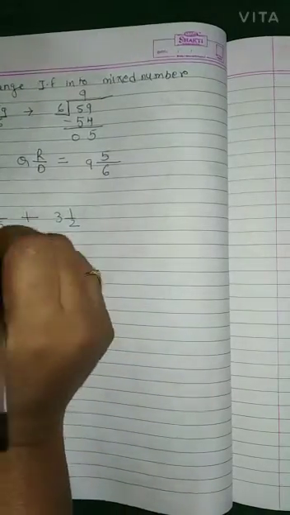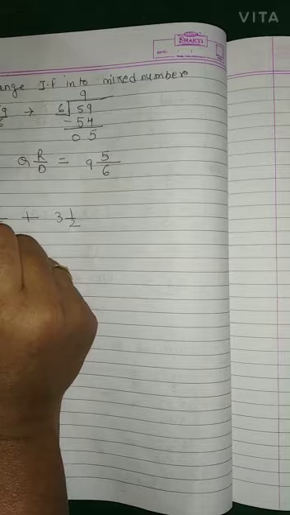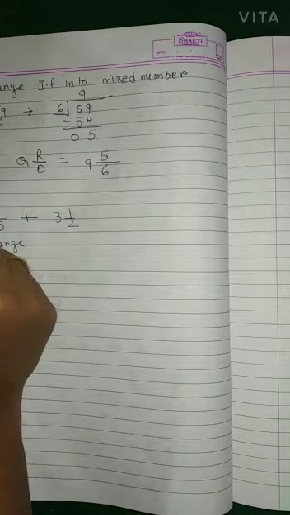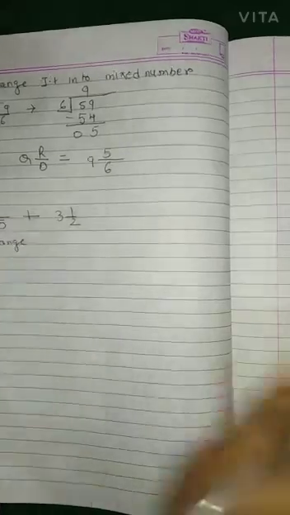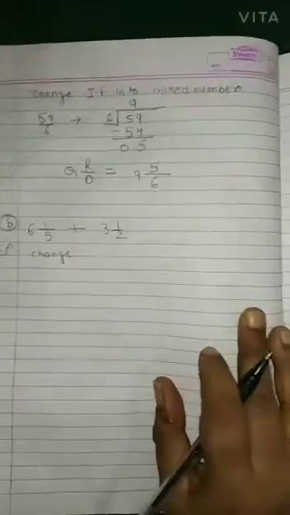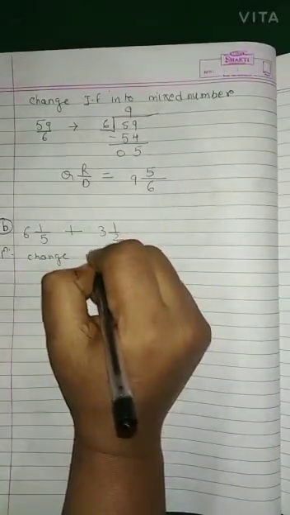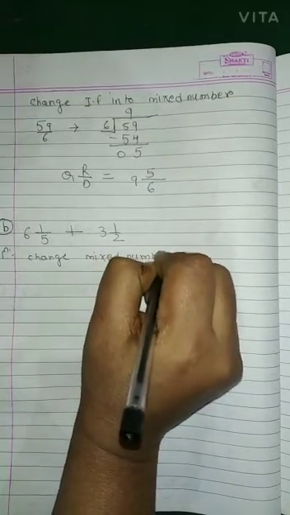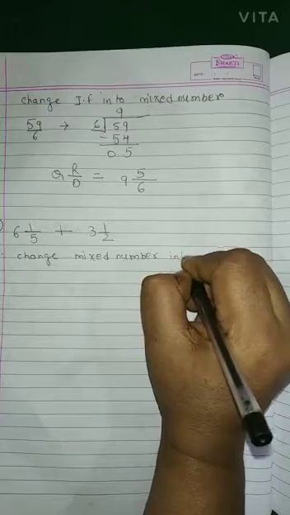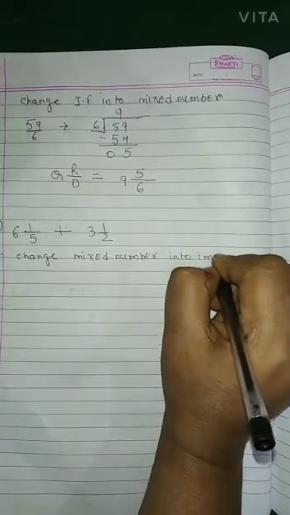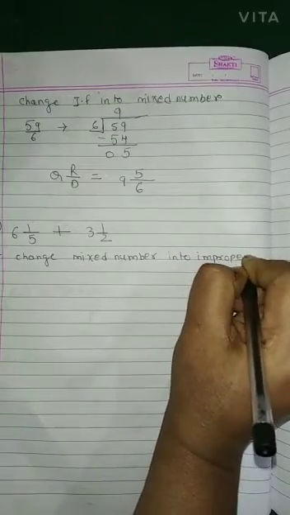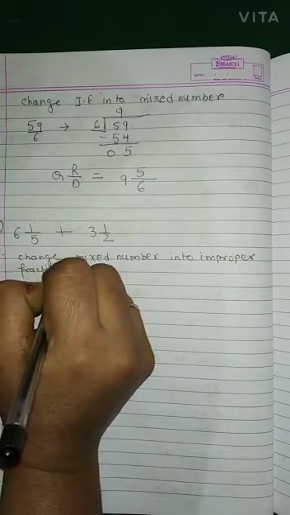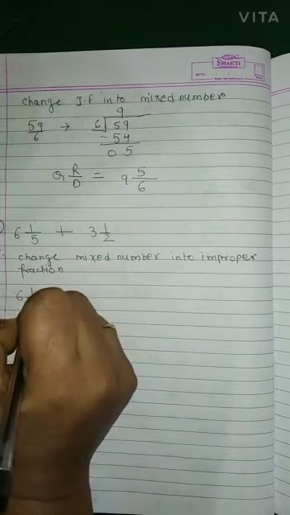First we change these mixed numbers into improper fractions. We write the solution here. Change mixed number into improper fraction. 6 into 1 by 5.